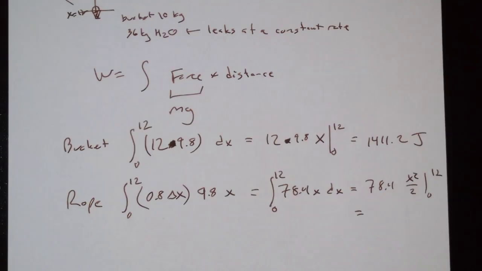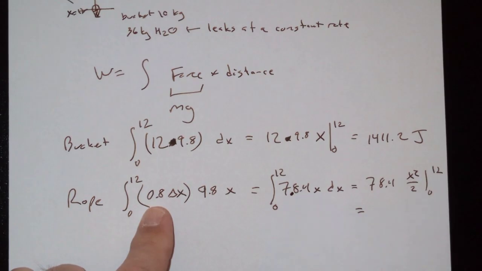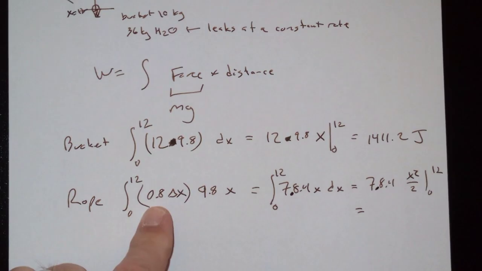Oh, okay. I wrote down something incorrect. 9.8 times 0.8 is 7.84, not 78.4. What number did you get again, Chris?